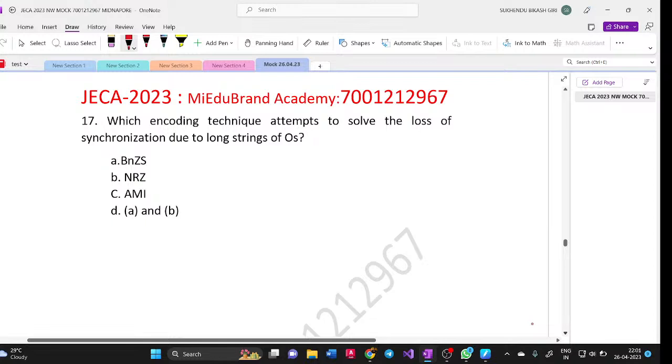17. Answer it. Which encoding technique attempts to solve the loss of synchronization due to a long string of zeros? Long string of zeros.